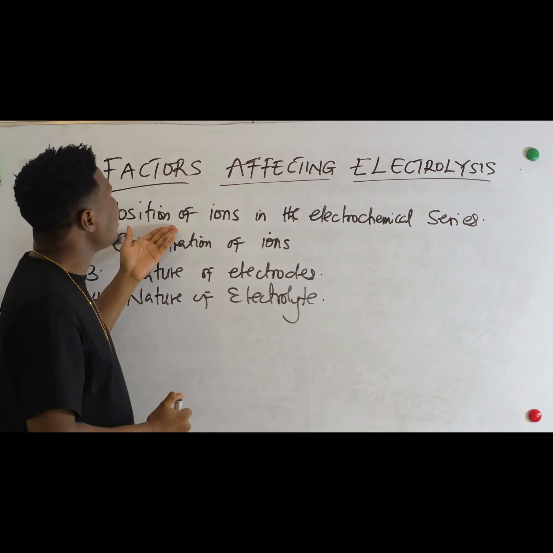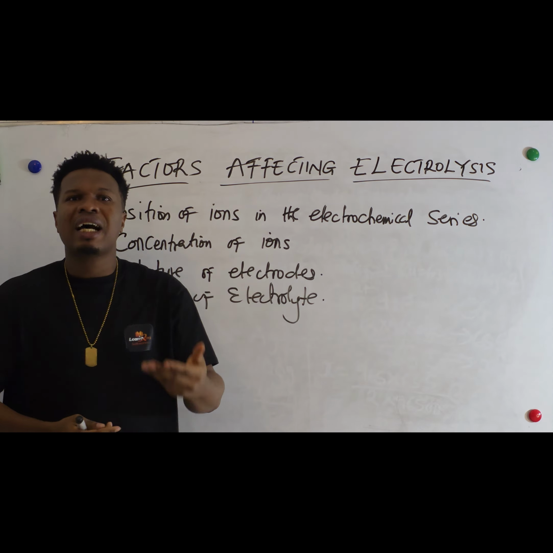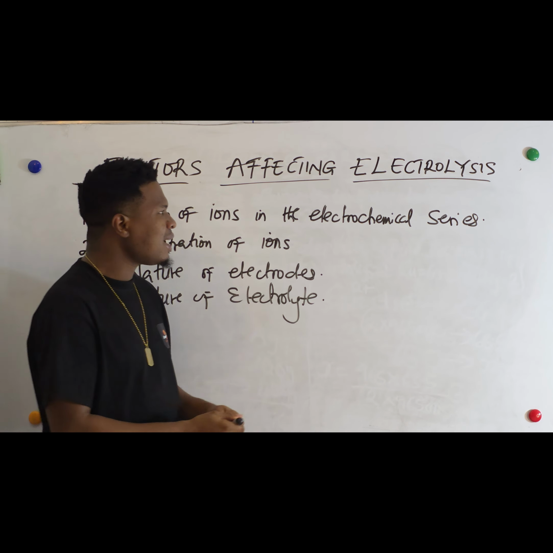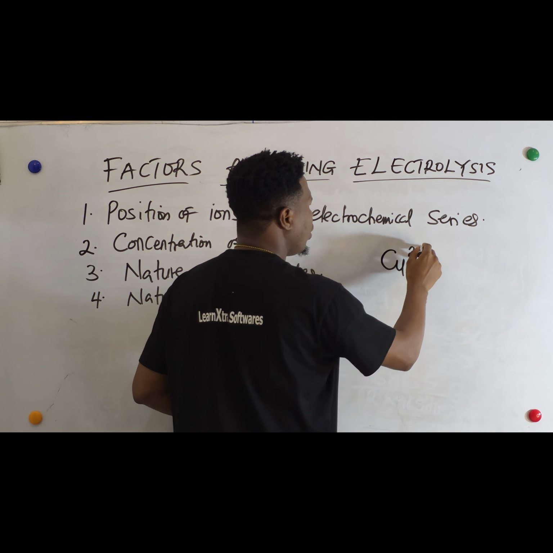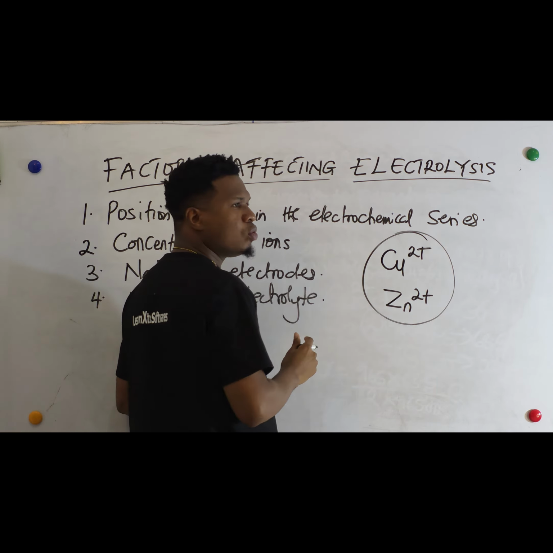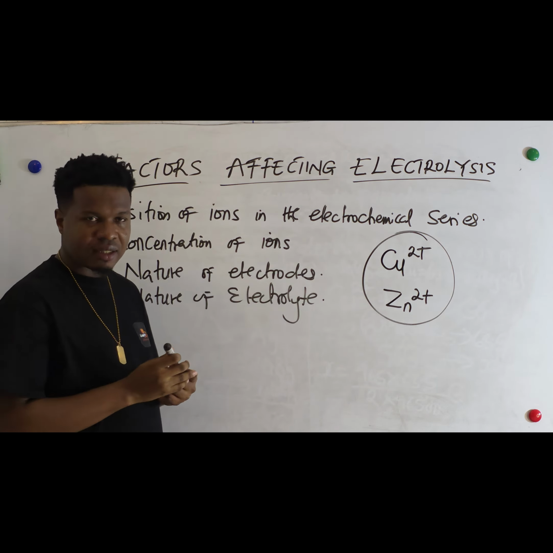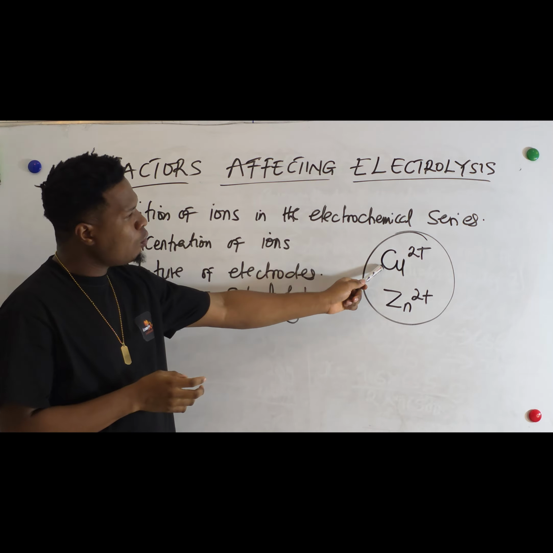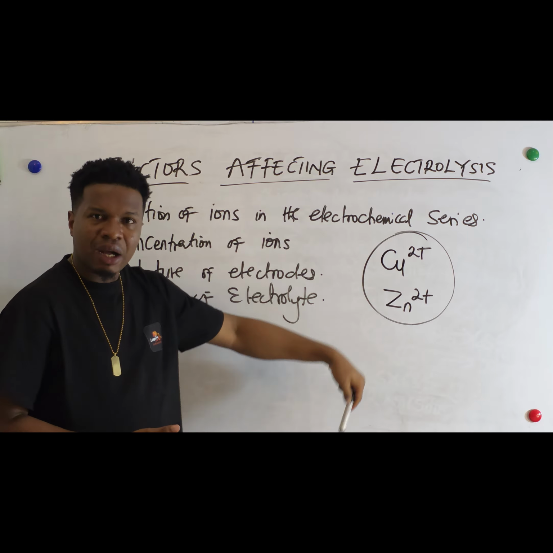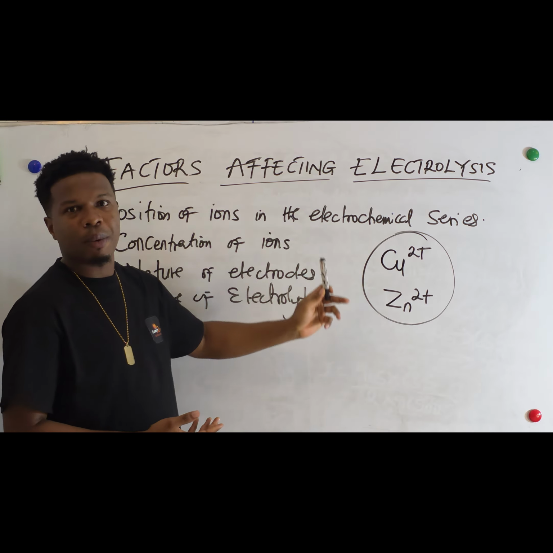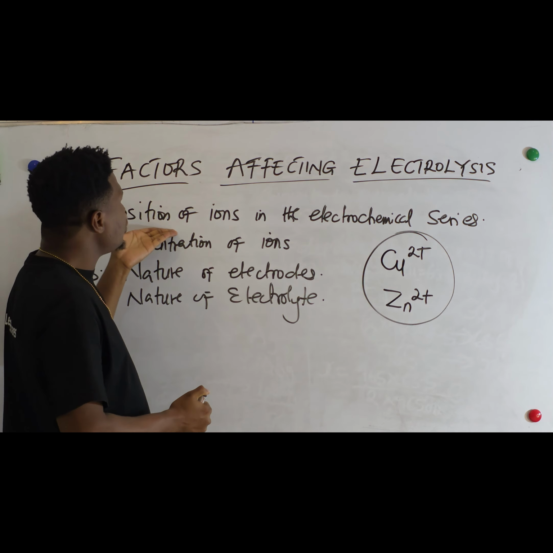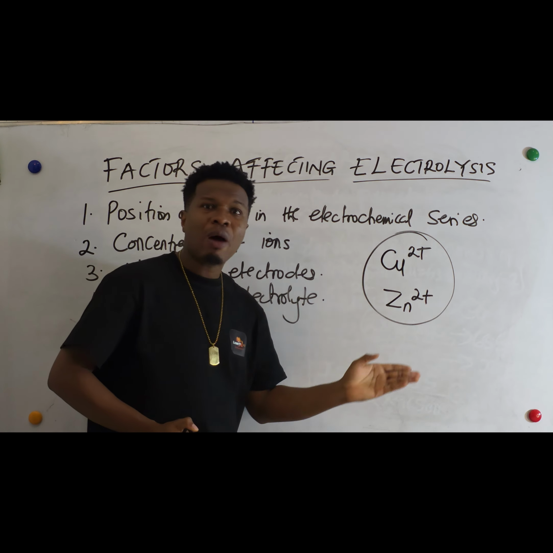So if I have an electrolyte, a solution that has both copper ion and, let's say, zinc ion, the one that will discharge between these two depends on the electrochemical series. Copper will discharge over zinc because it is down the series, while zinc is a way up, so the distance is very far. So the position of the ion matters to determine which one will be preferentially discharged.